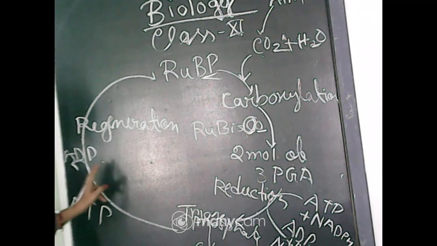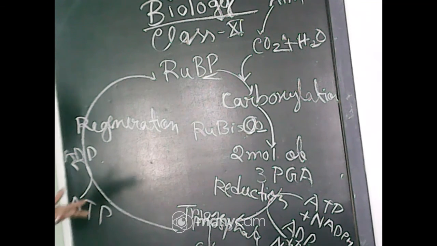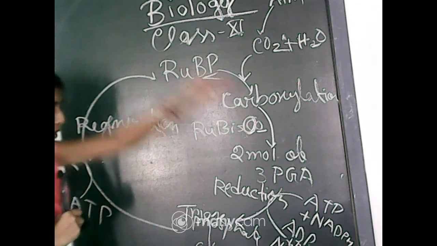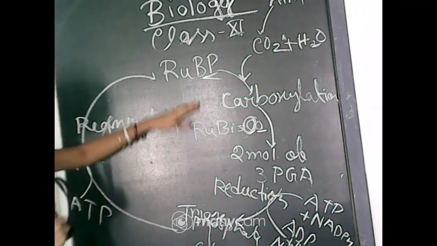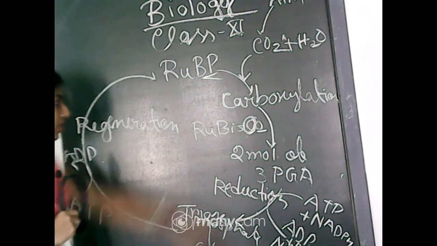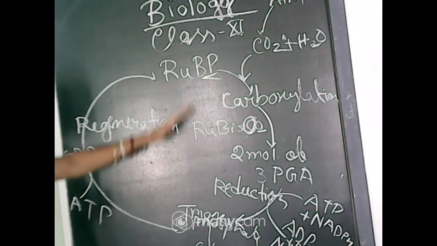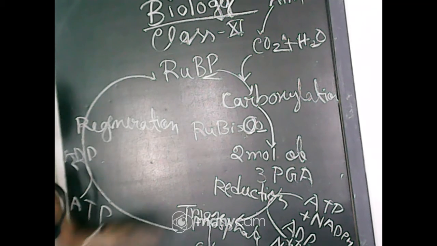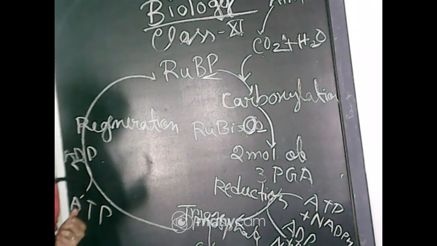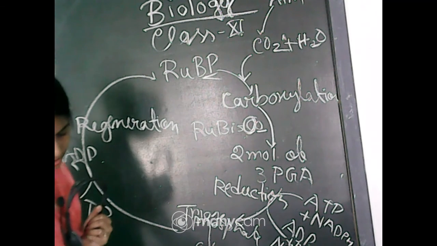And regeneration, during which the carbon dioxide acceptor ribulose 1,5-bisphosphate is formed again so that this cycle can continue, because ribulose 1,5-bisphosphate is required for continuation of the cycle. That's why regeneration of ribulose 1,5-bisphosphate is very important. So that is all about the Calvin cycle.